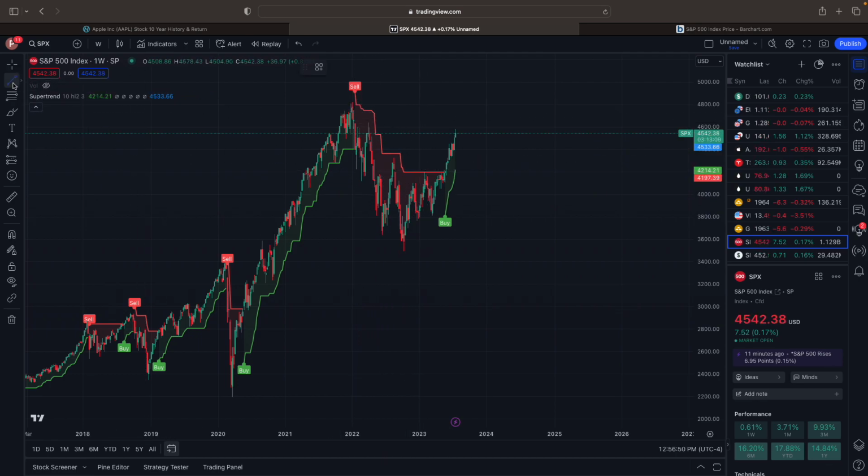Let me show you guys. We were in this downtrend right here. It broke in March. We broke it in March and then we retested it. So this was the original downtrend. In March, we got above here and we retested it.